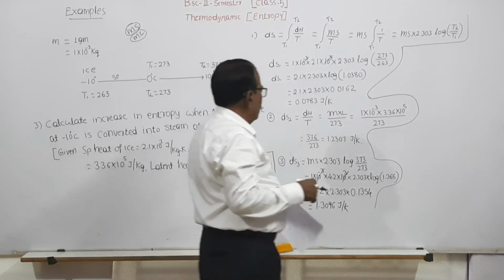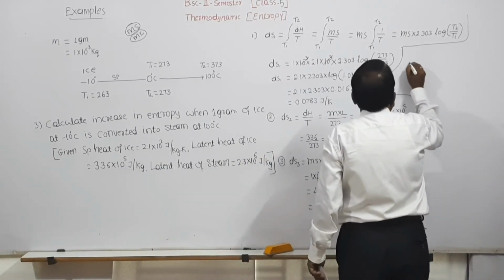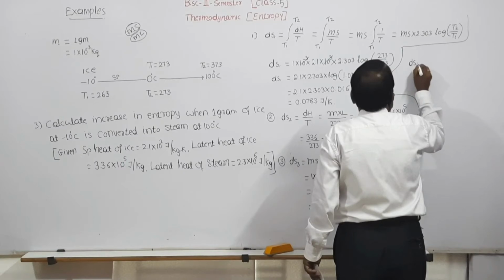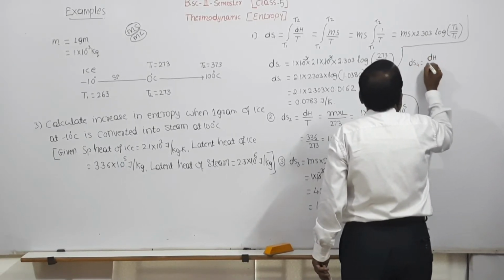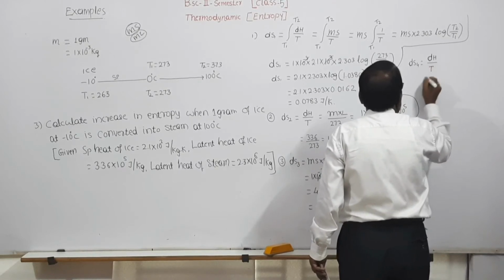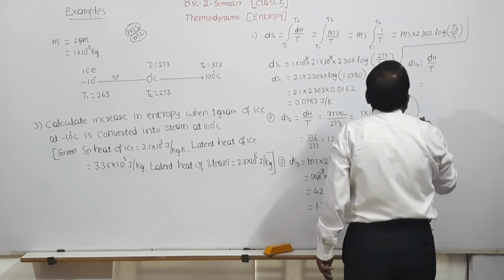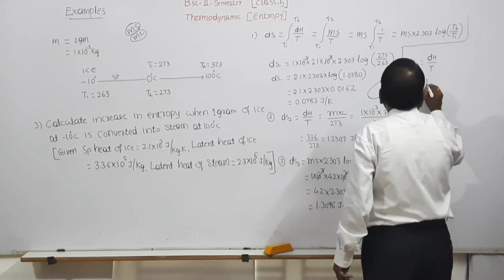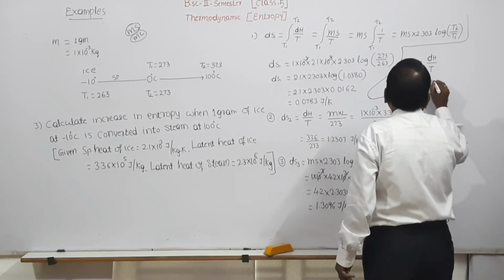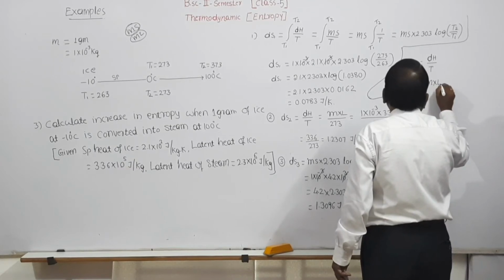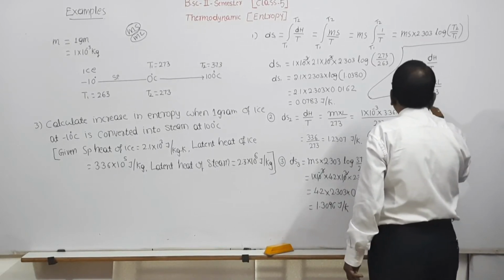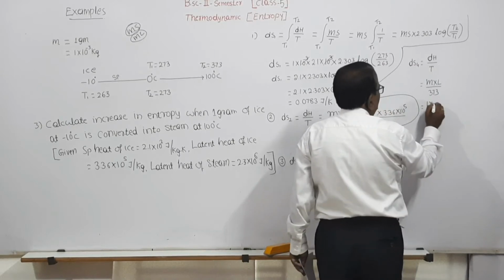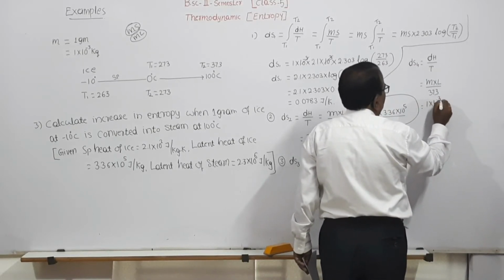Therefore, dS4 is equal to dH upon T. What is dH here? dH is m into L upon 373. What is m? It is 1 into 10 raised to minus 3.